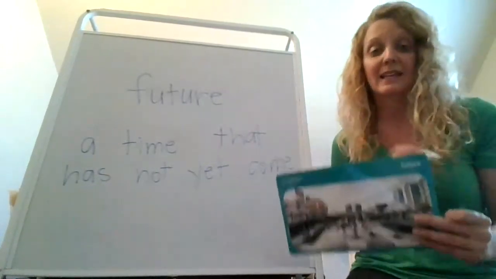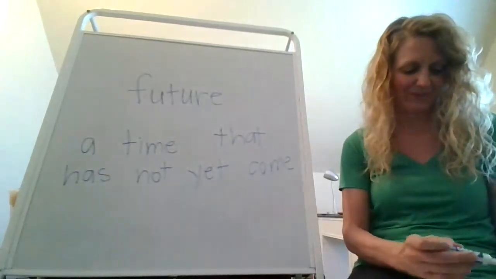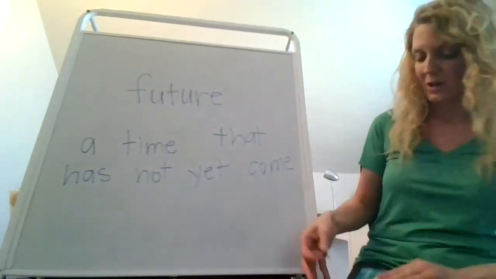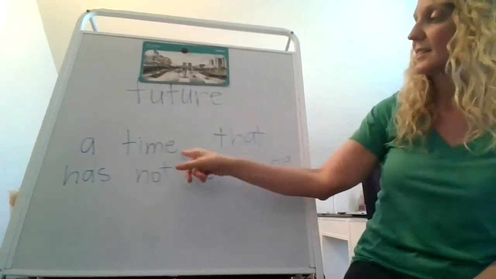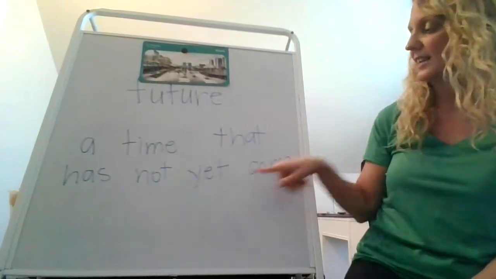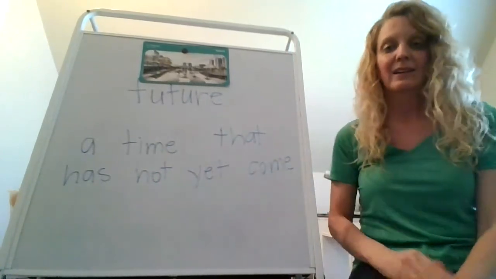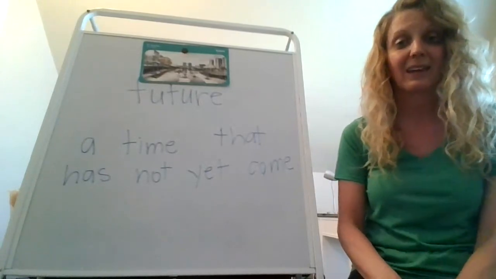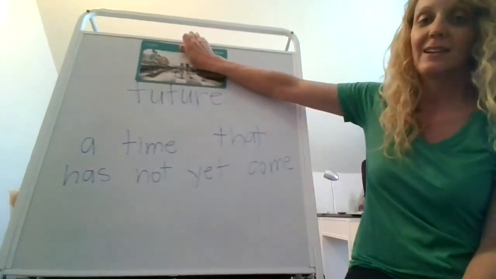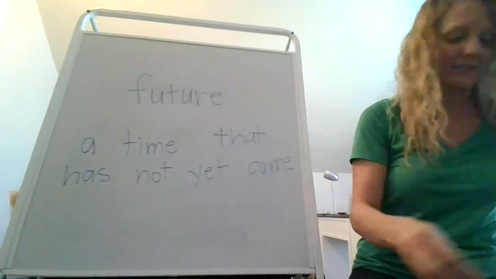That just means it hasn't happened yet. All right. So future means a time that has not yet come. Let's take a minute and pause if you need to see this and write it down. We're going to move on to our next word.